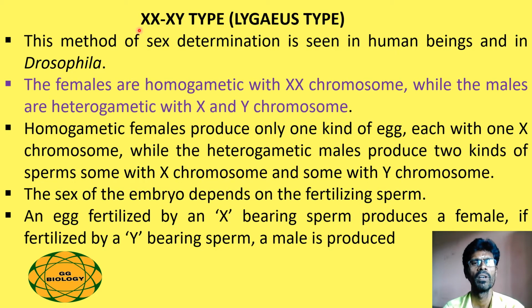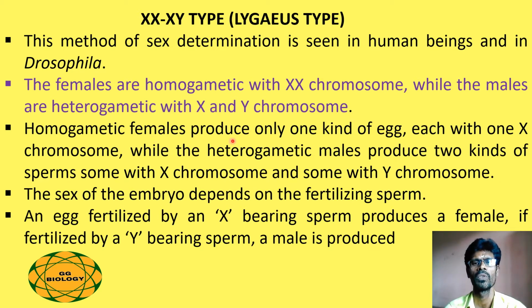The second type of heterogametic males is of XX-XY type, which is also called the Lygaeus type. Even here the females are homogametic, producing the same type of egg, and males are heterogametic, producing different types of sperms, namely X and Y type. This type of determination is seen in human beings and in Drosophila. The females are homogametic with XX chromosomes, while the males are heterogametic with X and Y chromosomes.